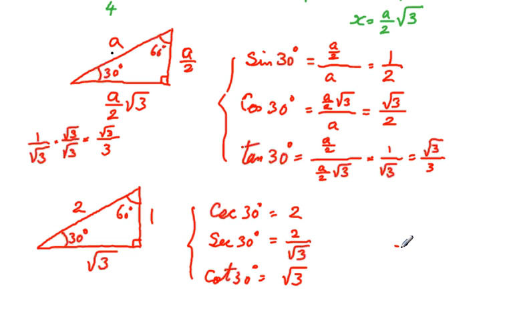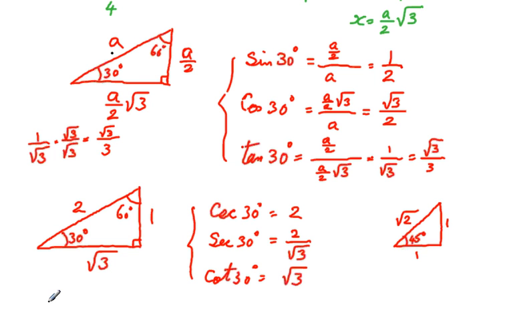For 45, if you want to have a quick memory aid, perhaps this triangle is going to be easiest for you to use. 45, if you take the adjacent and opposite to be 1, hypotenuse becomes the square root of 2, and you can use this triangle to quickly write all the 6 trig functions of 45 degrees.